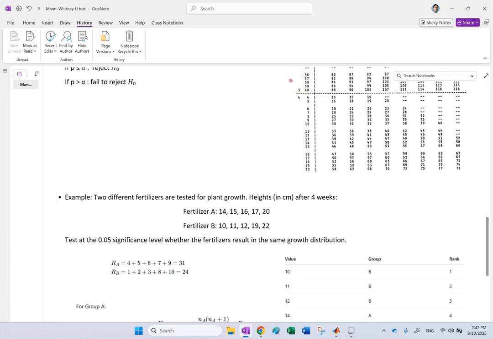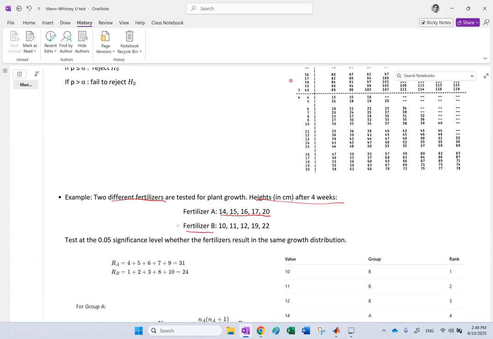So let's say here you have two samples that are acquired to investigate the effects of a specific fertilizer on the growth of a plant, the height of a plant in centimeters after 4 weeks. When they use fertilizer A, these are the heights of the plants. These are the 5 samples that they got.